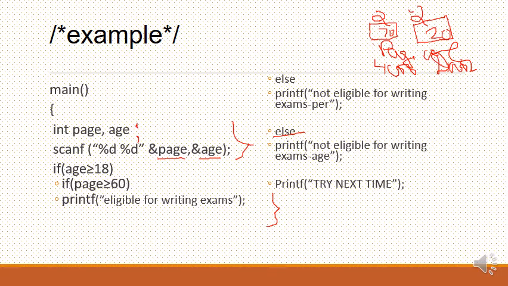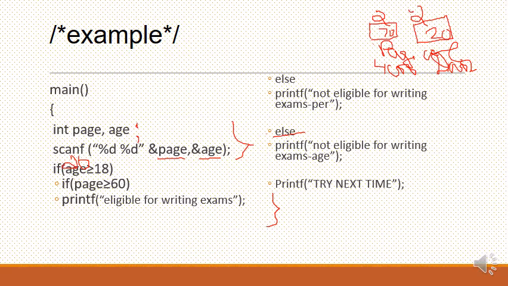Let us check. So whenever you are giving the value, it goes and sits in this memory location. So if age, if you are taking, the value present in age is taken here, and it checks if 20 is greater than or equal to 18, the condition is true.